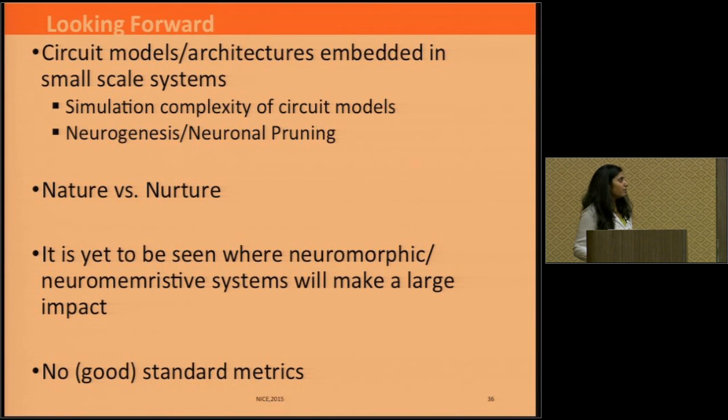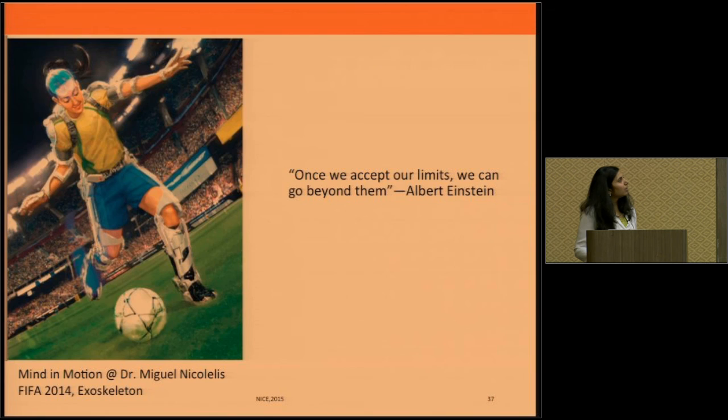And the biggest problem we find is that there are no good standard metrics, and I think Karl-Heinz's group is working on building some of those metrics, and hopefully we'll be able to use them in comparing these systems with classical systems. I think the most important thing for us as hardware designers is to accept what our limits are, and then we can try to go beyond them.